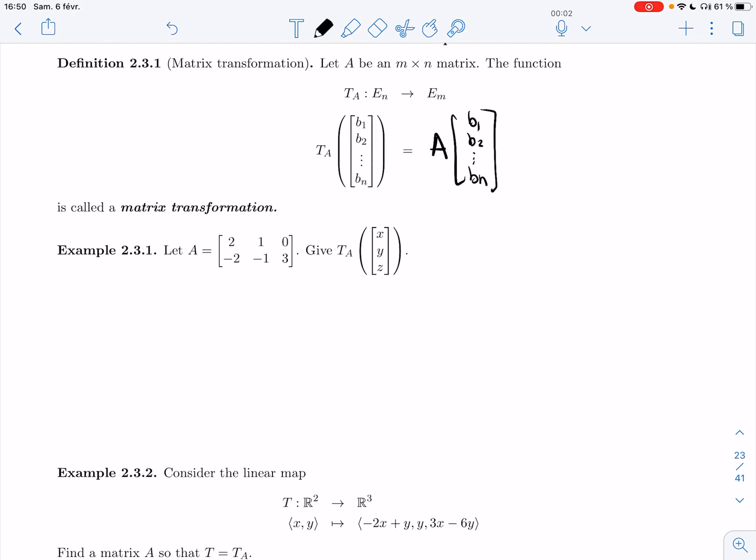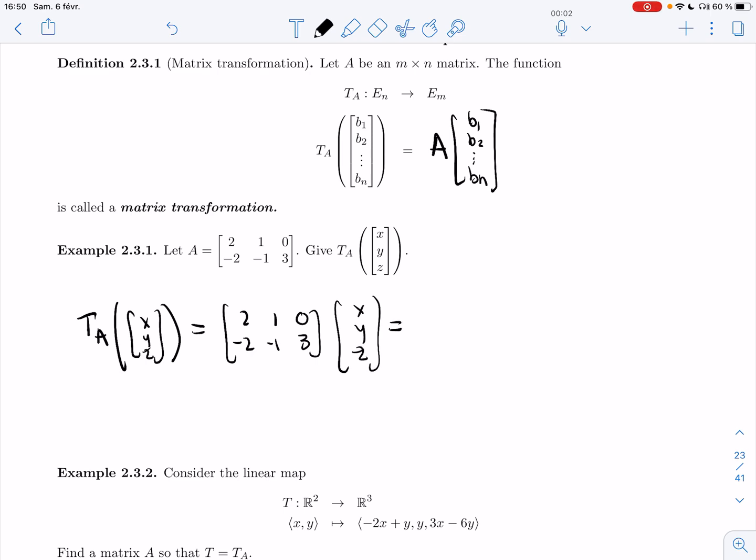Let's consider the matrix [2, 1, 0; -2, -1, 3], and I want to see what the linear transformation gives. So T_A of (x, y, z), you just take the matrix and multiply it by (x, y, z), and you get 2x plus y, that's it, and -2x minus y plus 3z.